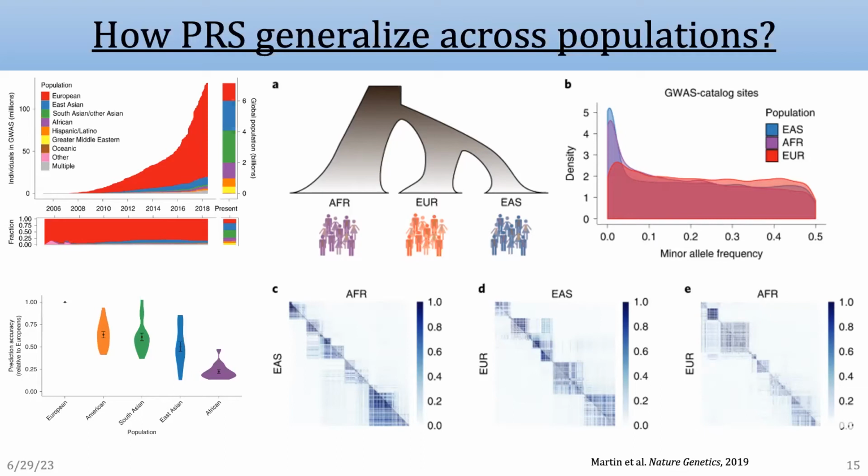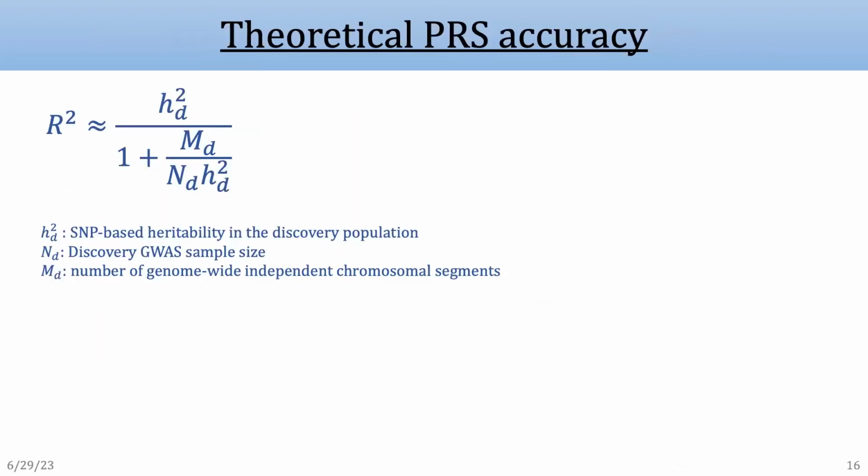So to improve the PRS generalizability, we may start by looking at how different factors affect their theoretical expectations. When we are predicting within the same population, that is to say the discovery and the target population are the same, the theoretical accuracy is a function of the SNP-based heritability, the sample size of the discovery population, and the number of genome independent chromosome segments.